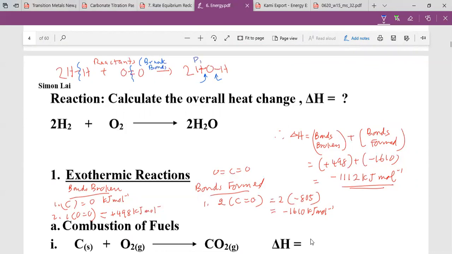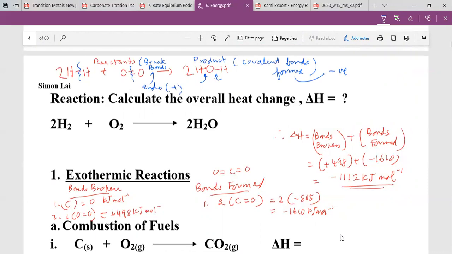In your products, more bonds are formed. Covalent bonds are formed. When bonds are formed, it is exothermic, because it's more stable. When you break the bonds, it is endothermic. You require energy to break something. This is positive.